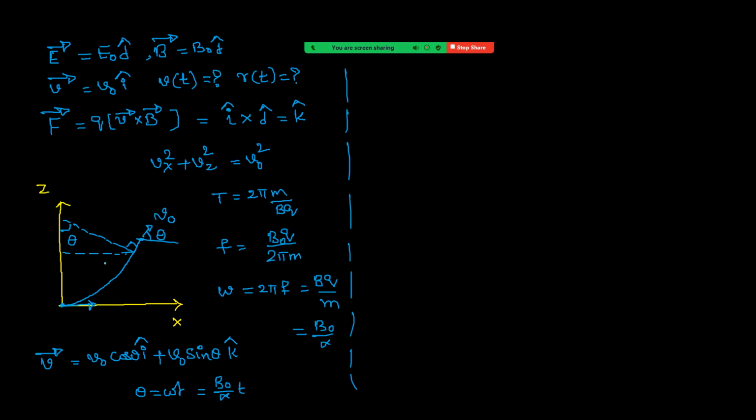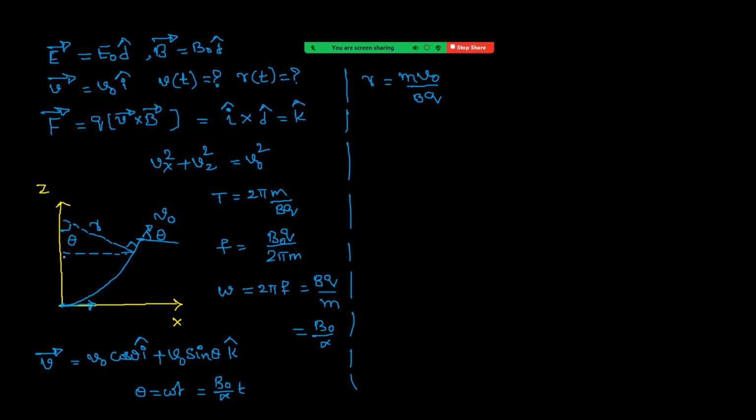So here the x coordinate will be, if this is the radius, where r equals m v naught by Bq, right? Since the angle between B bar and v bar is 90, it follows a circular path. Its radius is given by m v naught by Bq.